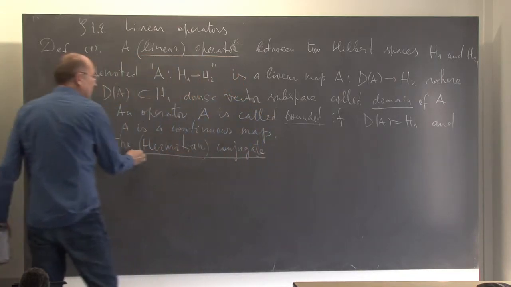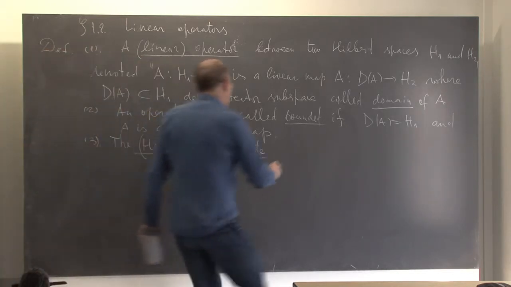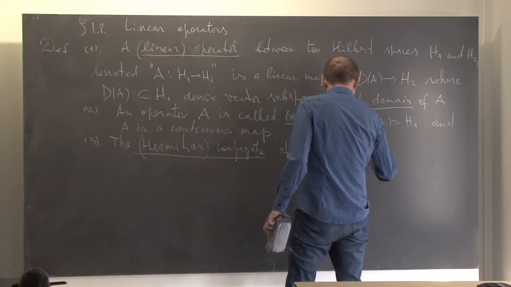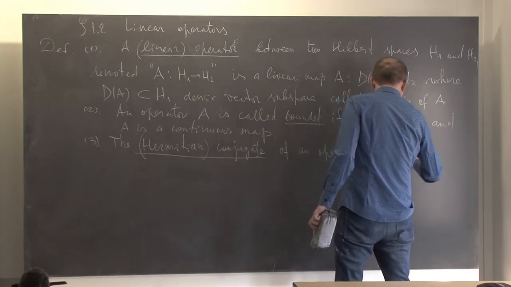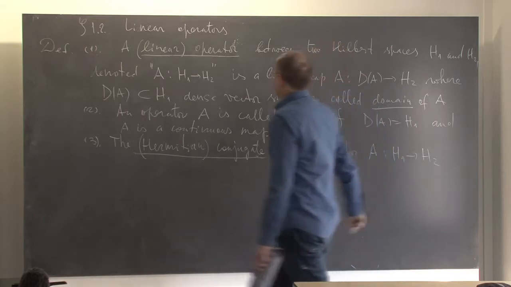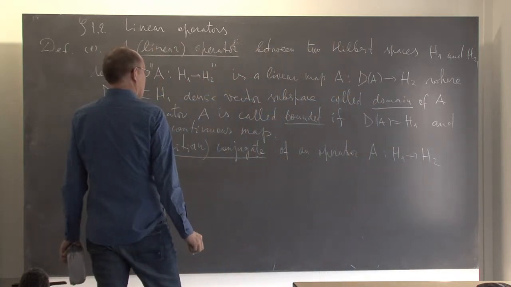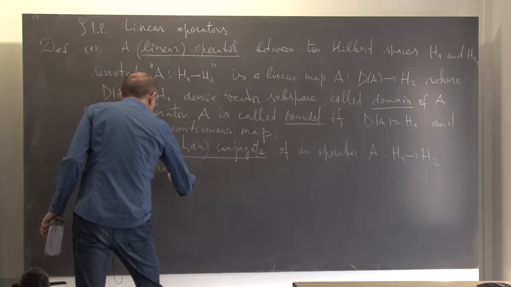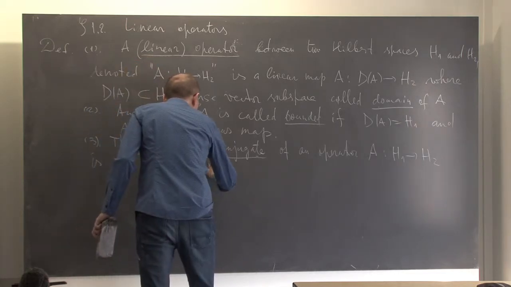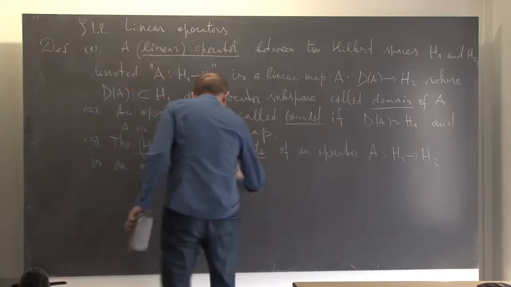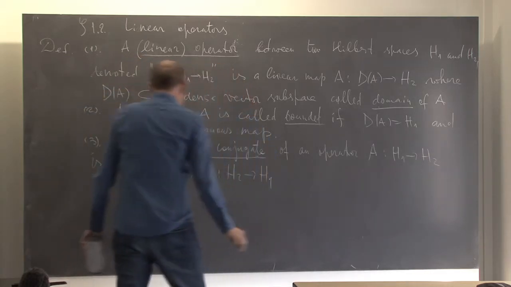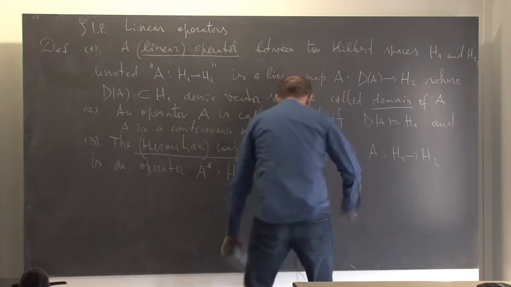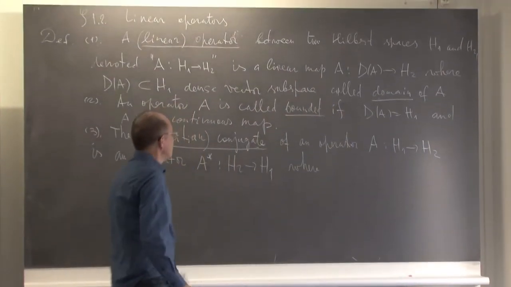We can just say conjugate of an operator A. The conjugate of operator A is an operator A star which goes in the opposite way, H2 to H1, where, so we have to say what its domain is.